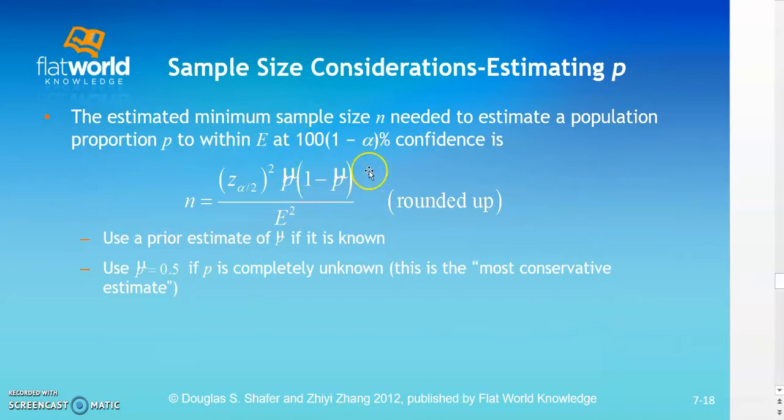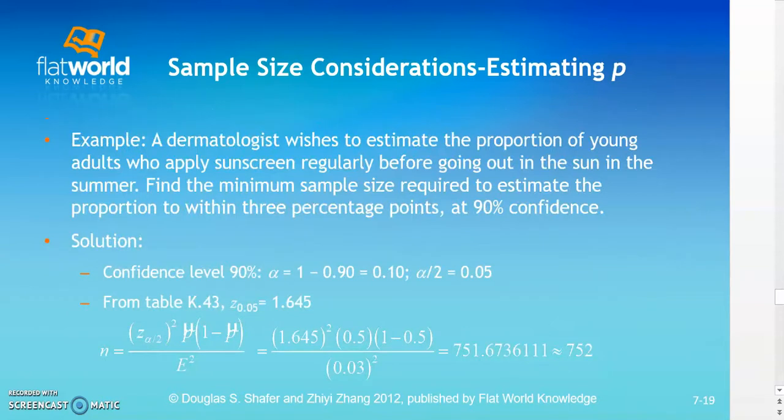The only thing here is you're taking the population proportion and multiplying it times 1 minus the population proportion and dividing it by the margin of error squared. Then we have another example here. Notice this example says that you need to have at least 752 pieces of data in order to be able to say that we can move forward with confidence on this.